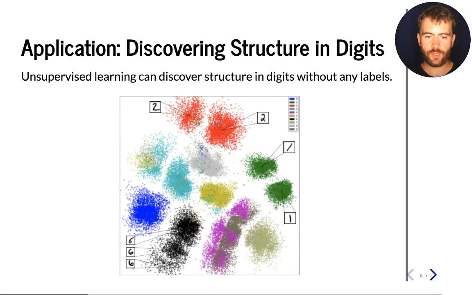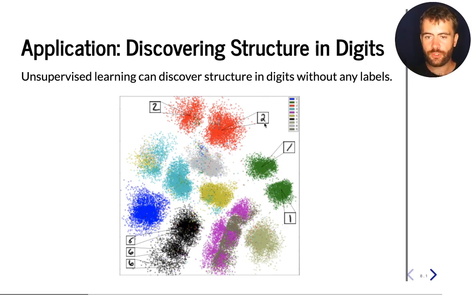This is a combination of clustering and dimensionality reduction. What you see here is an application of unsupervised learning to the MNIST digit dataset. Here, each point in this 2D space corresponds to a number.